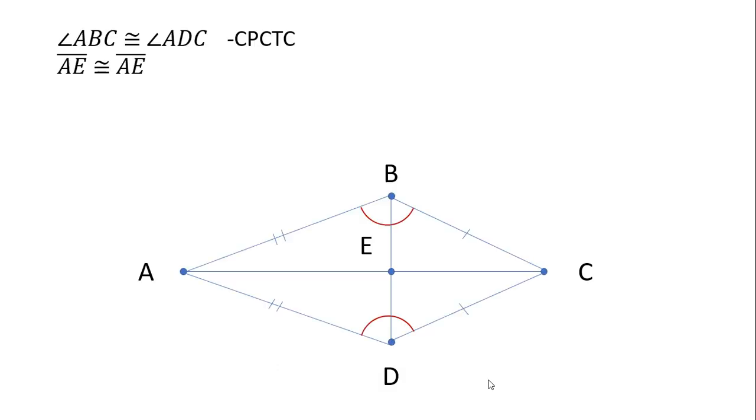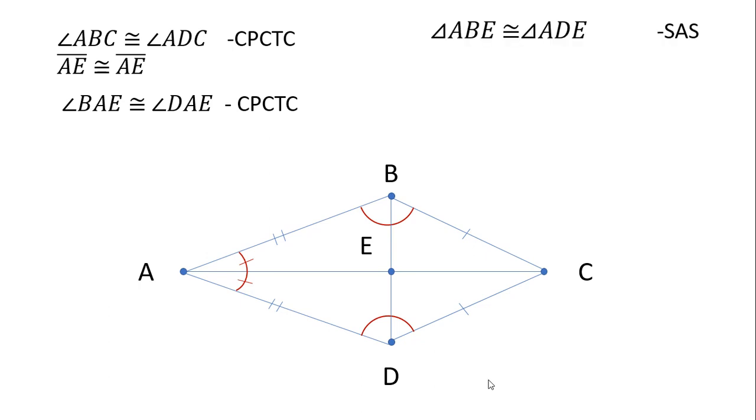Alright? So let's keep going. These two angles, the ABC and ADC angles, are therefore congruent by the corresponding parts of congruent triangles theorem. And again, AE is congruent to itself, which is just that segment there on the left. So therefore, the BAE and the DAE angles are also congruent because of the corresponding triangles.